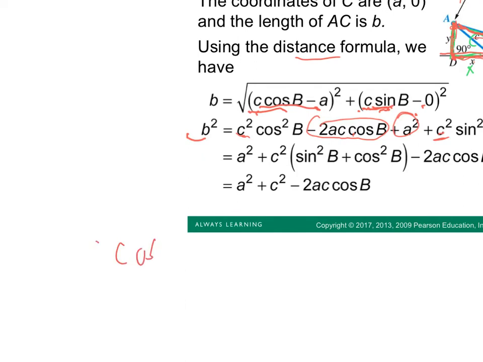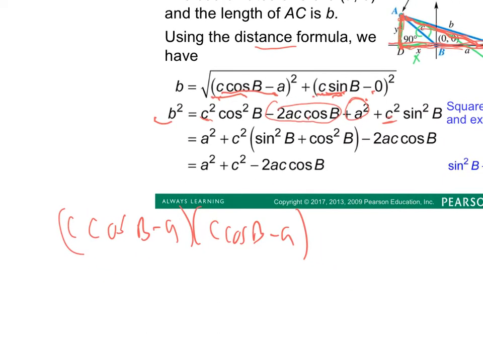Take c cosine of B minus a multiplied by c cosine of B minus a. And also, this is easy: c sine of B minus 0 squared is just c sine of B all squared.